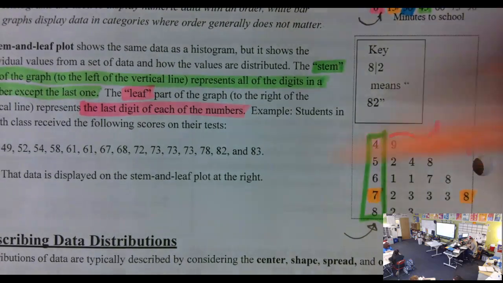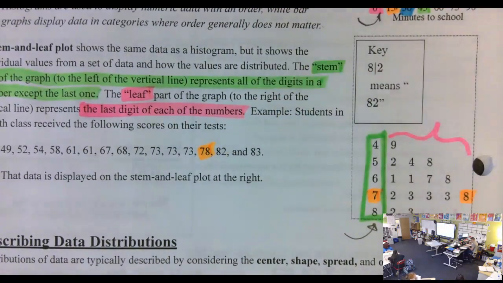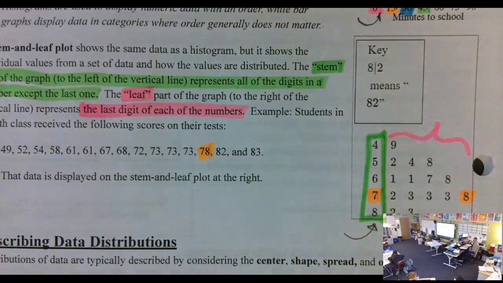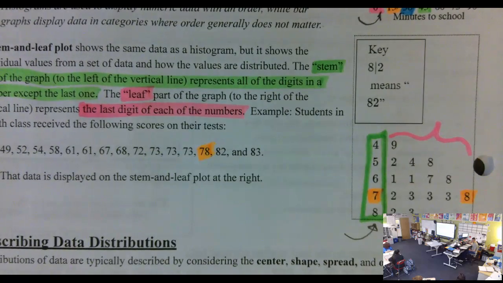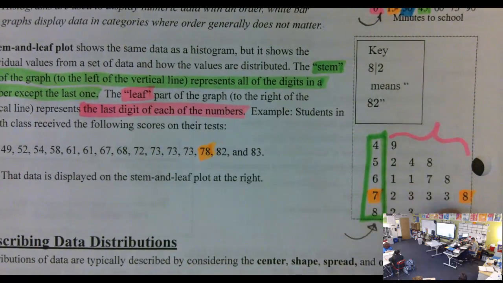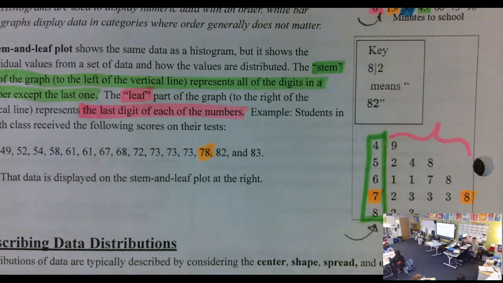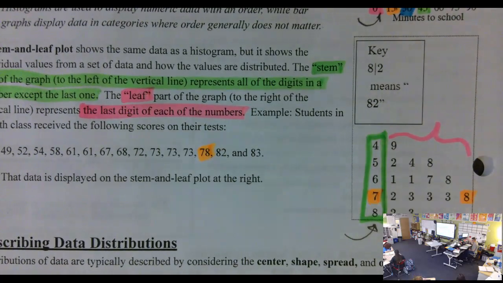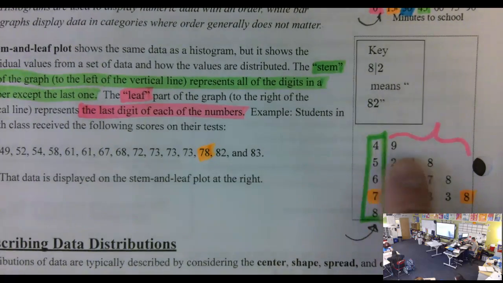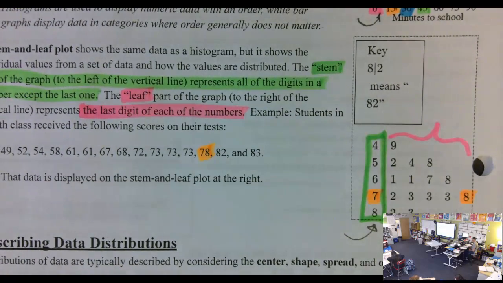That's 78. So which set of tens has the most frequency here? The 70s. And I can see that really quickly. Which set of tens has the least frequency? The 40s.